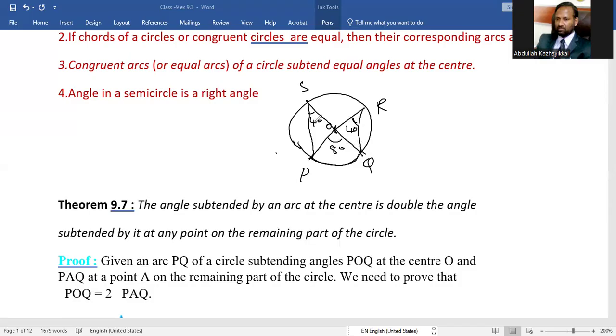The angle made by the arc at the center is double the angle made at any point on the remaining part of the circle. Anywhere. The remaining part of the circle is anywhere you can make the angle. I can make here, it must be from P like this. PQRST, this will be 40. That is what. Understand.